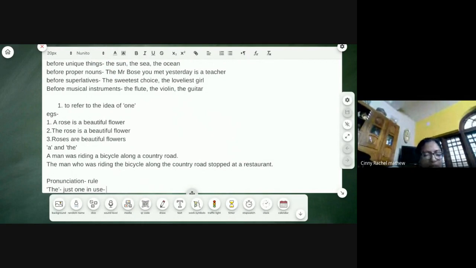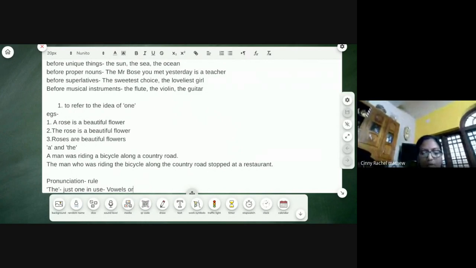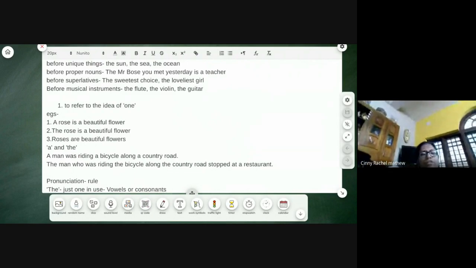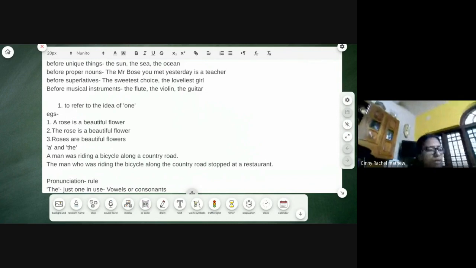It is the same the that is used in front of vowels or consonants. The same the, just one in use before vowels or consonants.